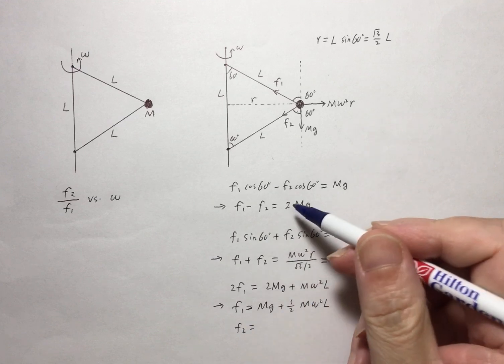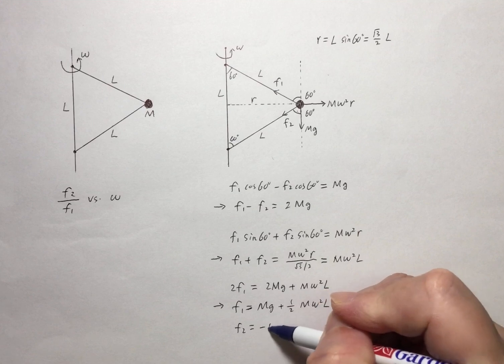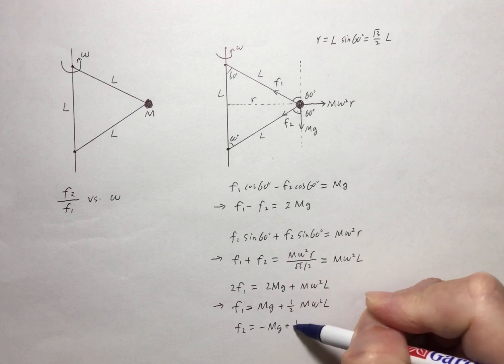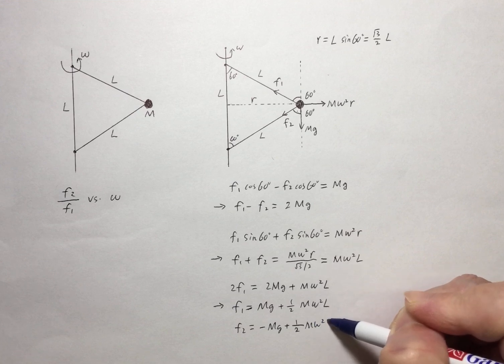F2 is F1 minus 2mg, so it's minus mg plus half m omega square L.